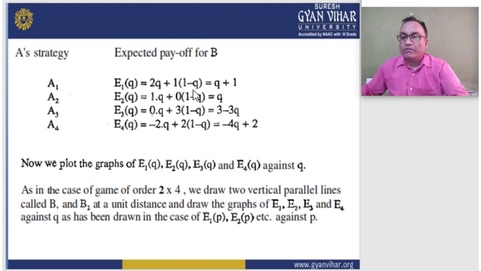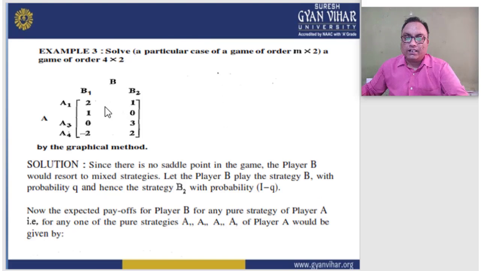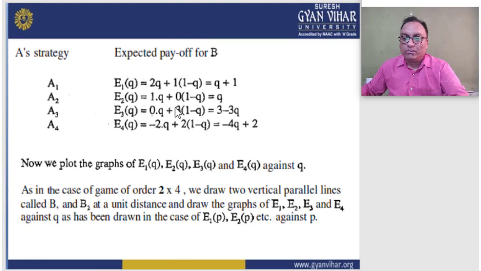So 1 minus Q. For the second case, 1 comma 0, so here 1 into Q plus 0 into 1 minus Q equals Q. And E3(Q) equals 0 into Q plus 3 into 1 minus Q, which is 3 minus 3Q. For E4(Q), it equals minus 2Q plus 2 into 1 minus Q, which is minus 4Q plus 2.